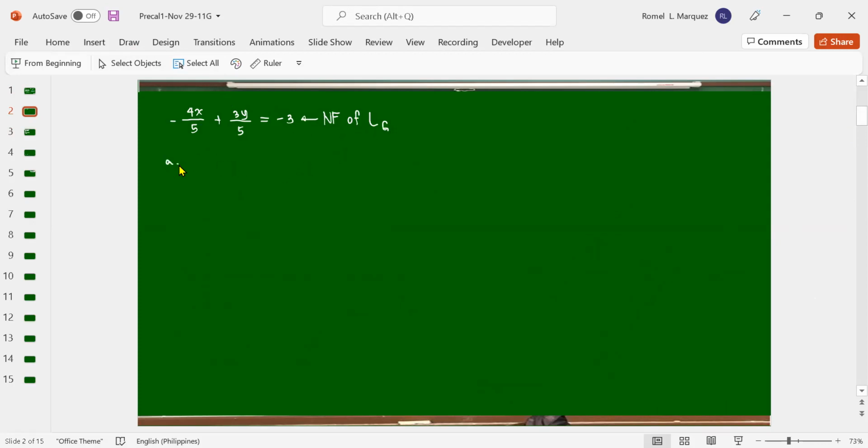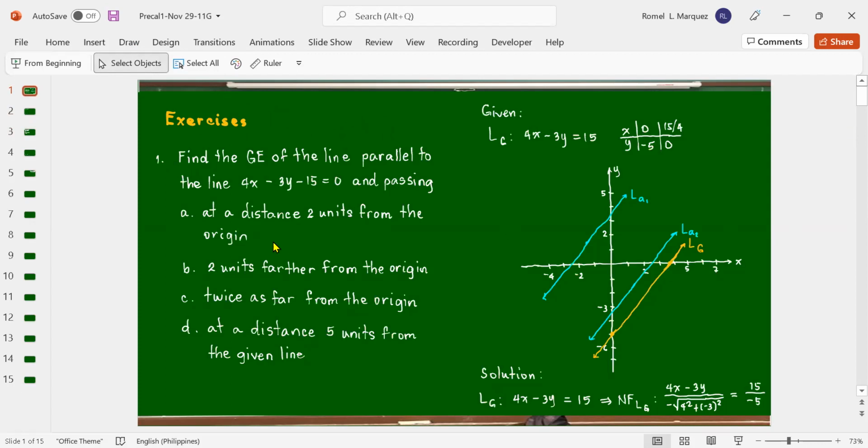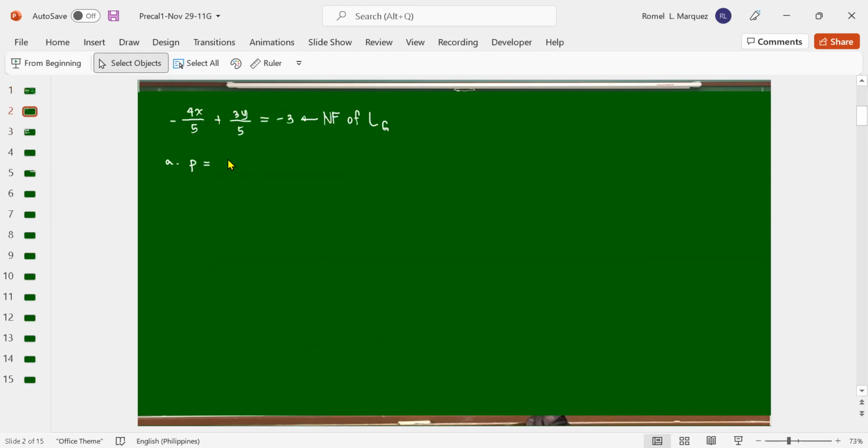So, for letter A, what is P? Anyone? What is P for letter A? So, according to the condition, 2 units from the origin. So, it can be above, it can be below, no? So, it means plus or minus 2. So, that's the P of letter A. Since parallel, the one that we are looking for, we copy the left side of the line given in normal form. Remember, when we discuss equations of parallel lines, for parallel lines, you can copy the coefficient of x.